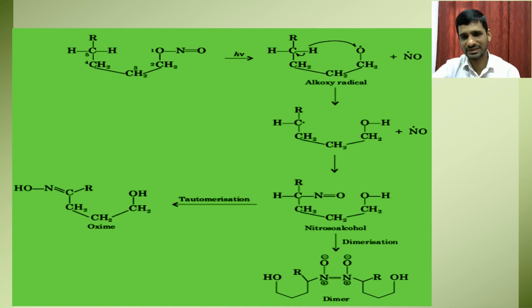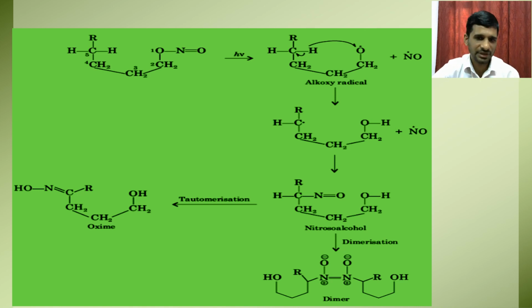Now this nitroso alcohol has two clear choices. Either it can undergo dimerization to form a dimer like this, in which the nitroso group of two different alcohols will bridge via nitrogen atom. It will form a dimer, which is a kind of ionic compound, or it can undergo tautomerization.